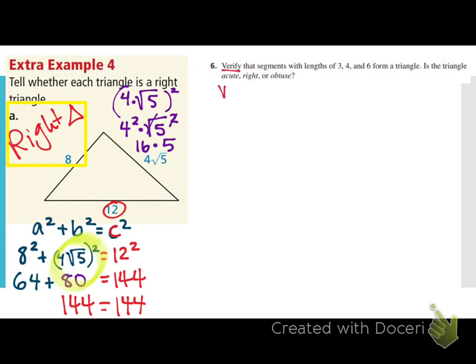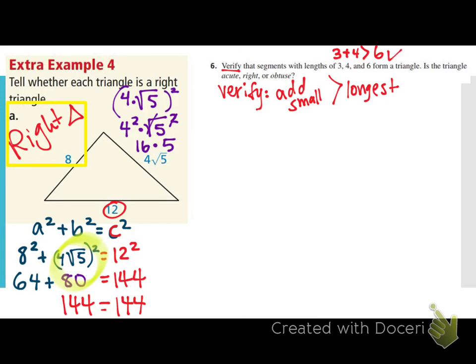So when we verify, what do we have to do to verify that lengths form a triangle? Add the smaller ones, and they should be greater than the largest one or longest one. So in this case, we want to verify that 3 plus 4 is greater than 6. So is 3 plus 4 bigger than 6? Yes. It is. So it is a triangle.